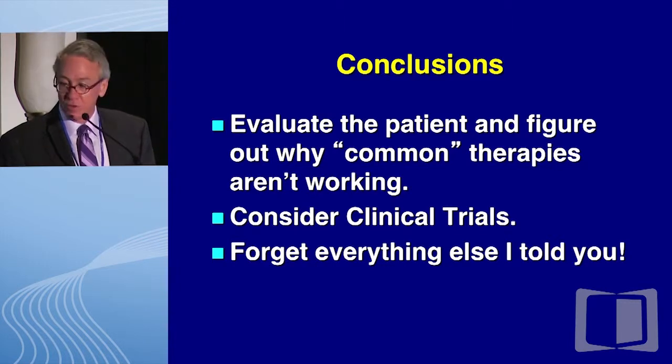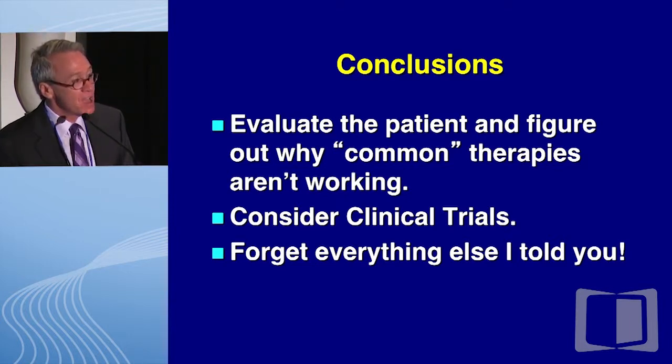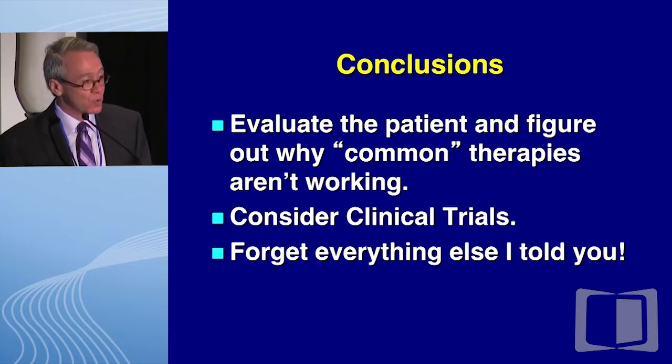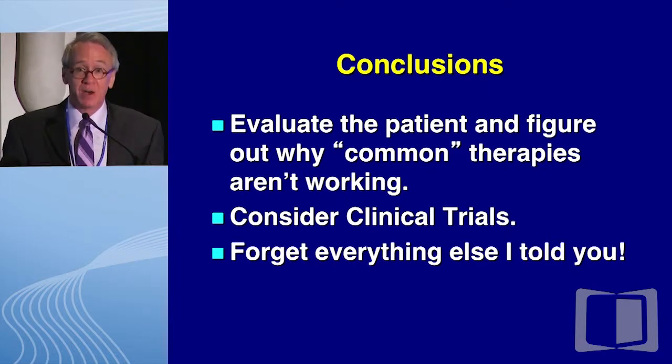So if I could conclude this talk, point number one that I want you to remember is in a patient who is failing conventional therapies, figure out why common therapies aren't working. Point number two, in your patients who are most refractory, we really need to learn about what drugs work in what patient populations. So consider enrolling patients in clinical trials, and pretty much you could forget about everything else that I told you. Thanks for your attention.